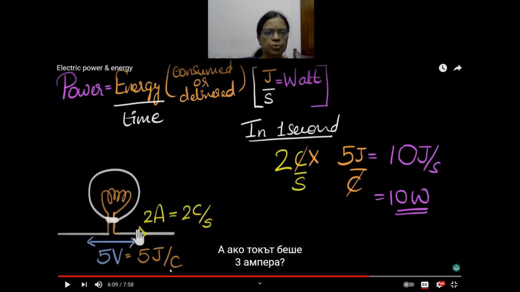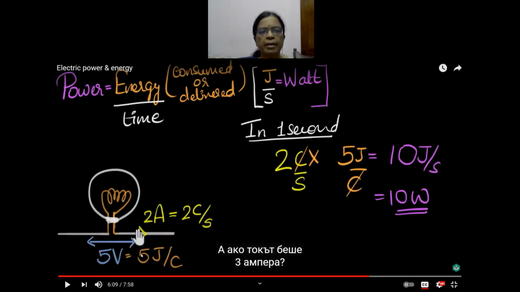When 1 coulomb charge flows through this, 5 joules of energy is consumed by this bulb. Understand? That is what 5 volt means.